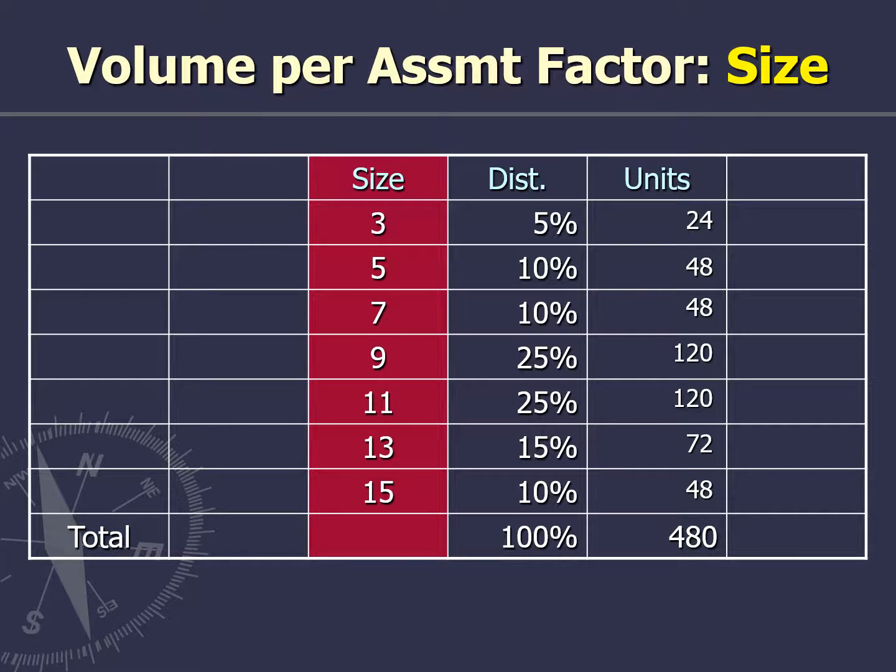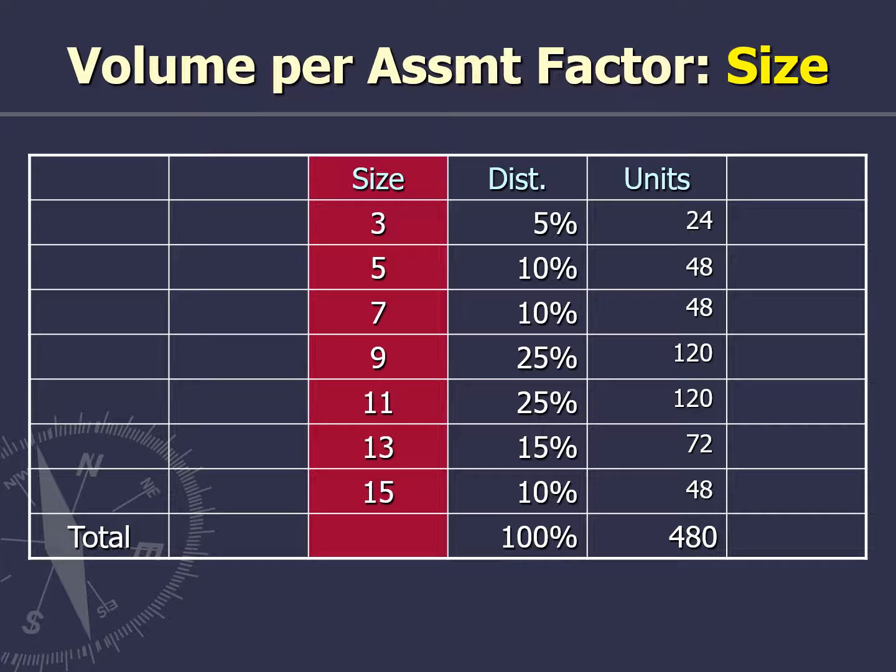Right, so we have to do exactly the same thing: the distribution percent times the total volume. In this case, 480 times 5% for size 3 is 24 units, and 10% of 480 is 48 units for each of sizes 5, 7, and so on.